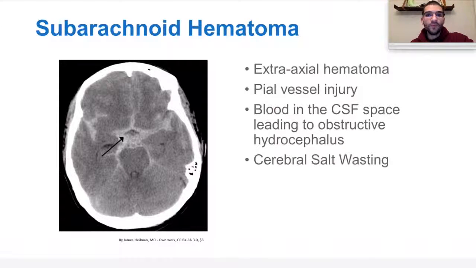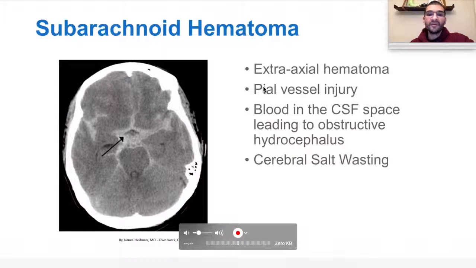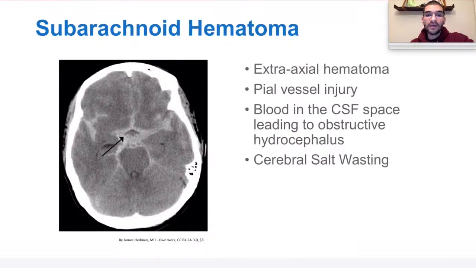Another thing that you can see with subarachnoid hematoma is something called SIADH, or syndrome of inappropriate ADH release, or cerebral salt wasting syndrome. Both of these syndromes can lead you to have hyponatremia.